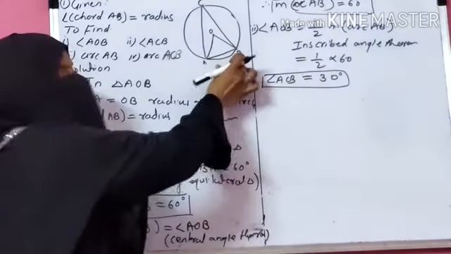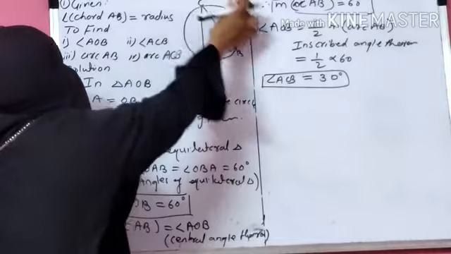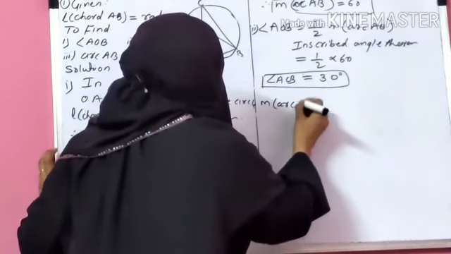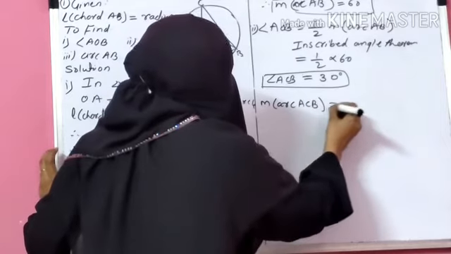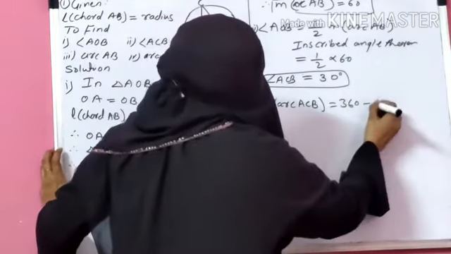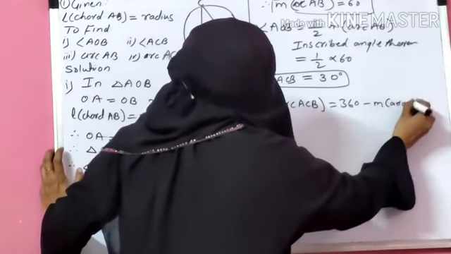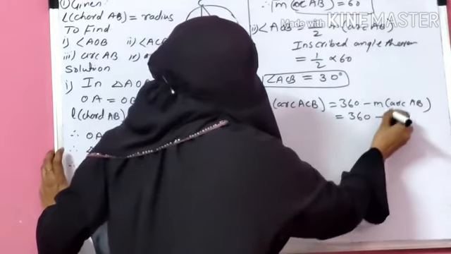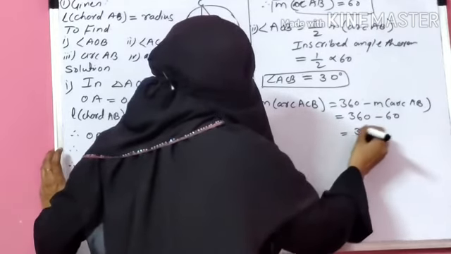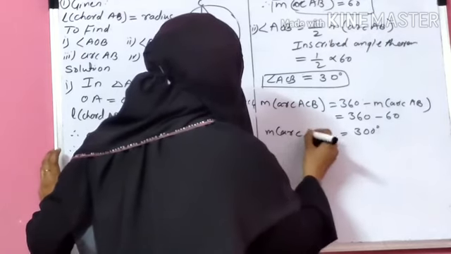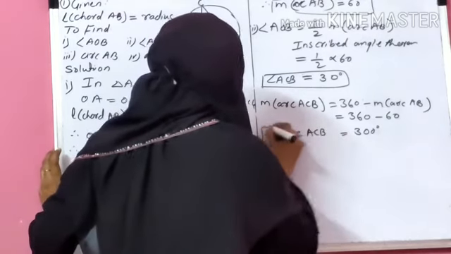So the measure of arc ACB is 360, that means the whole circle, minus the measure of arc AB. That means 360 minus 60, you get the value of 300. So the measure of arc ACB is 300 degrees.